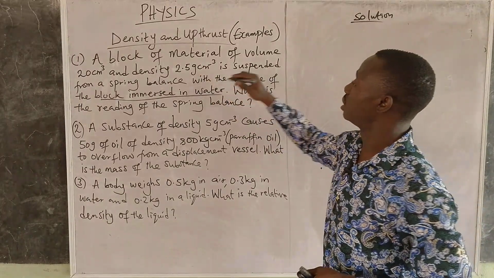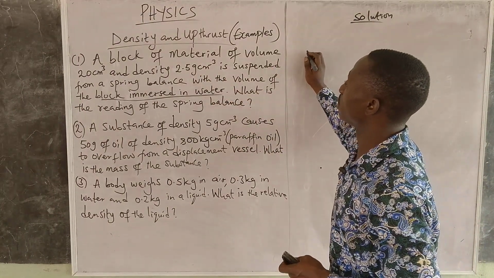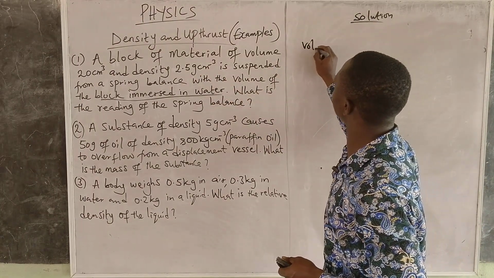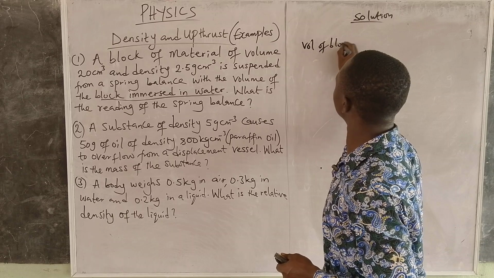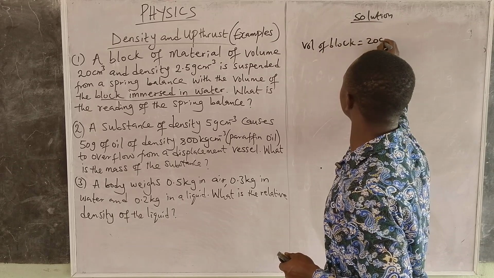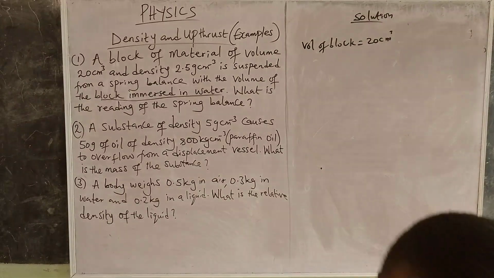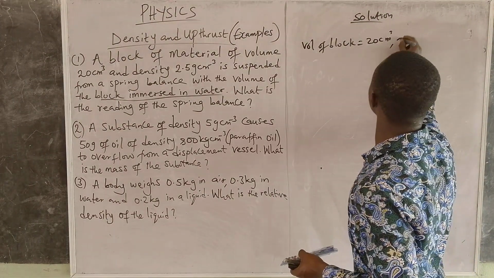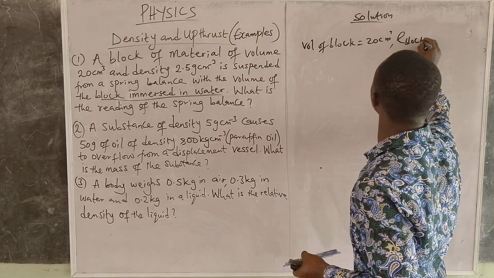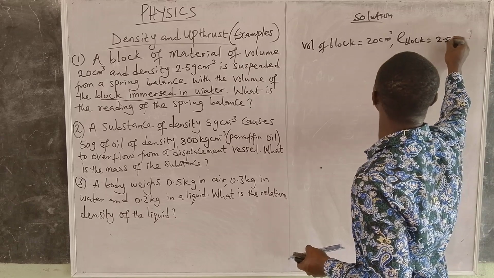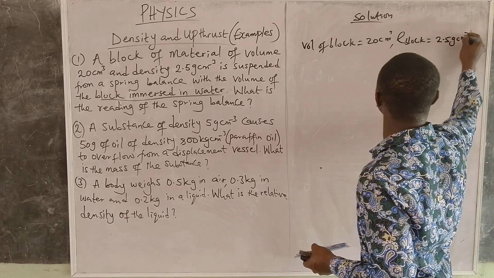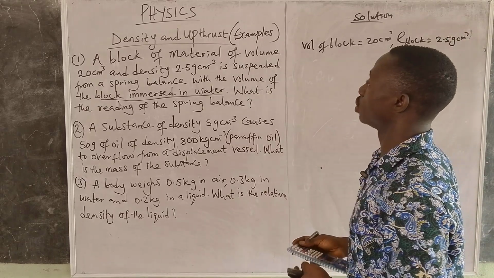So let's interpret what we have here. A block of material of volume. So volume of block is 20 cm cube. Then density of block is 2.5 grams per cm cube.